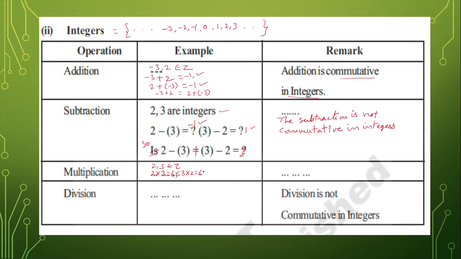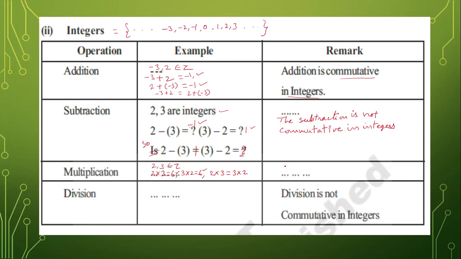What you observe here is that in both cases we get the same result. The result is not changed. Hence, finally what you can conclude is 2 into 3 is equal to 3 into 2.